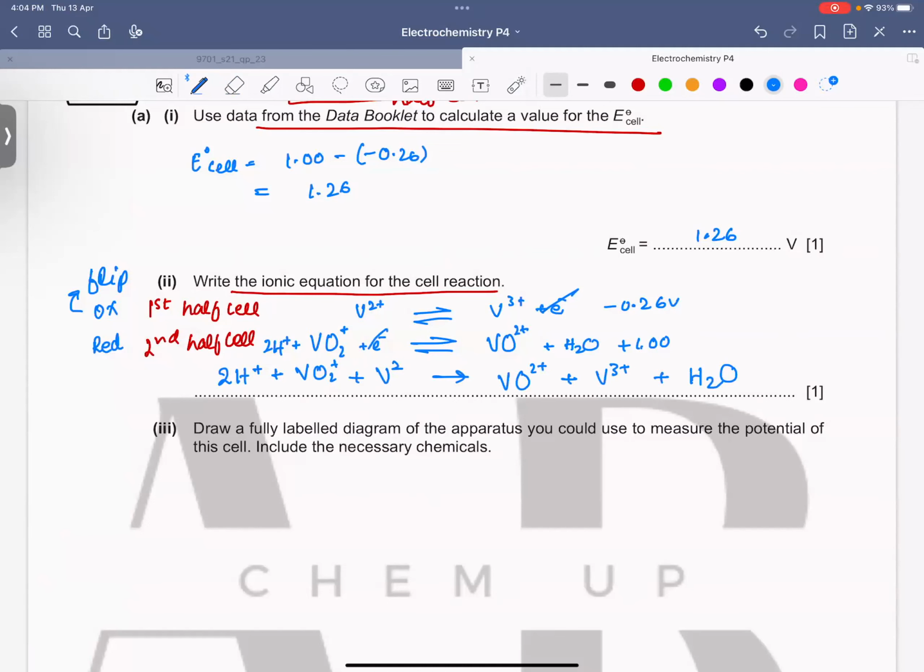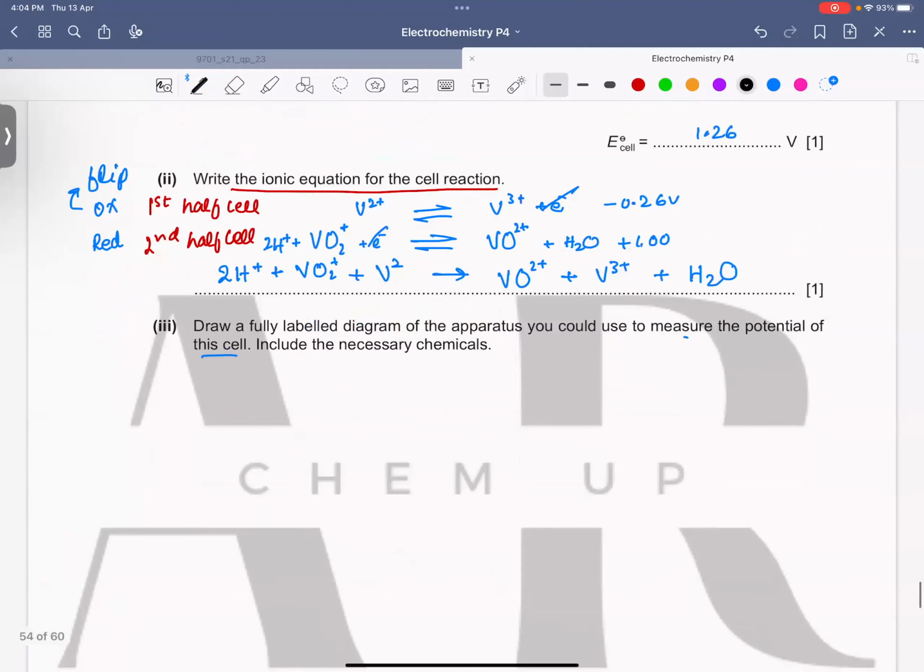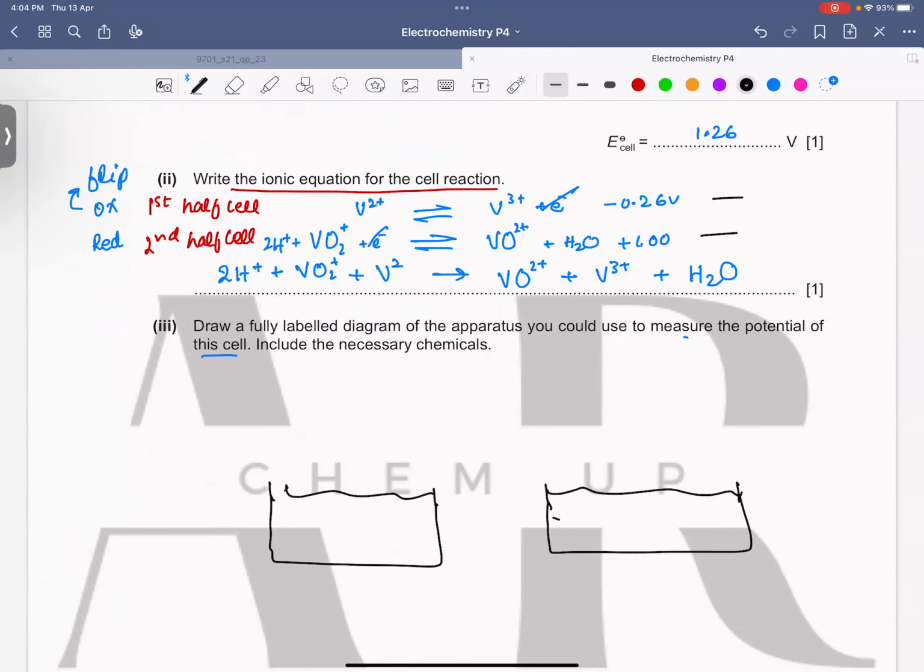Draw a fully labeled diagram of the apparatus you could use to measure the potential of this cell. You have to draw the diagram, and this cell has 2 half cells, right? So there we put a salt bridge.